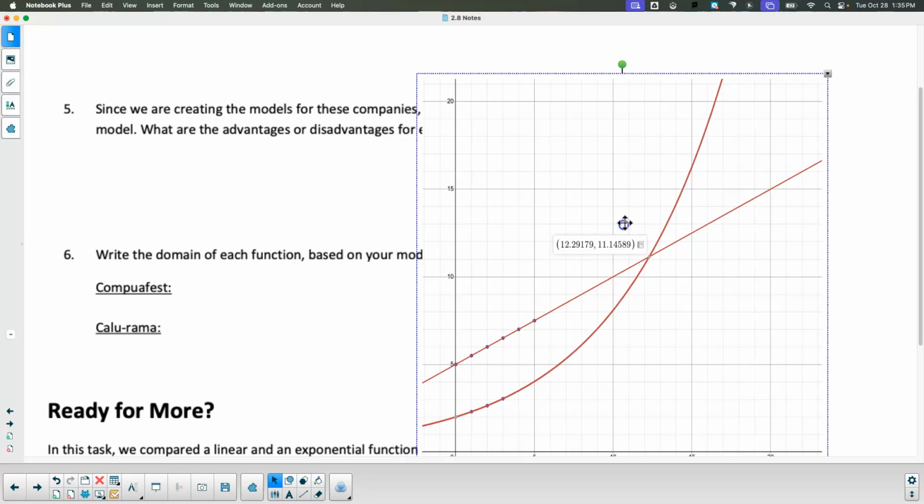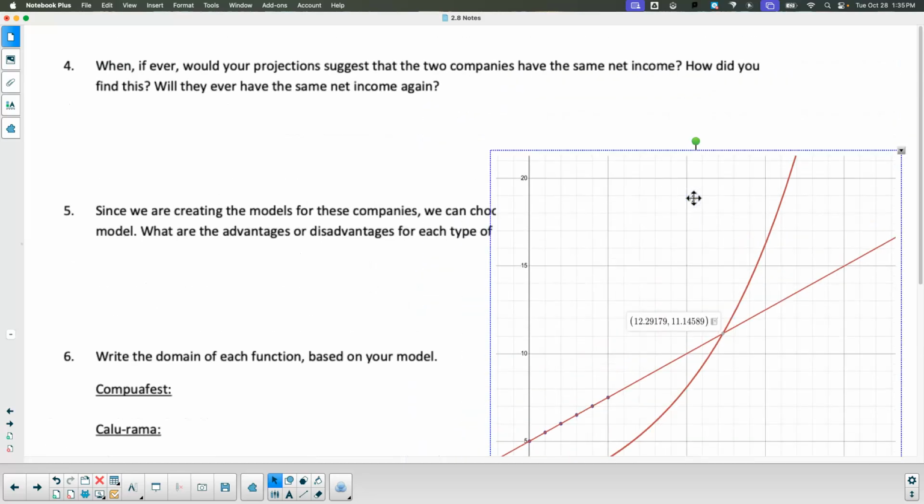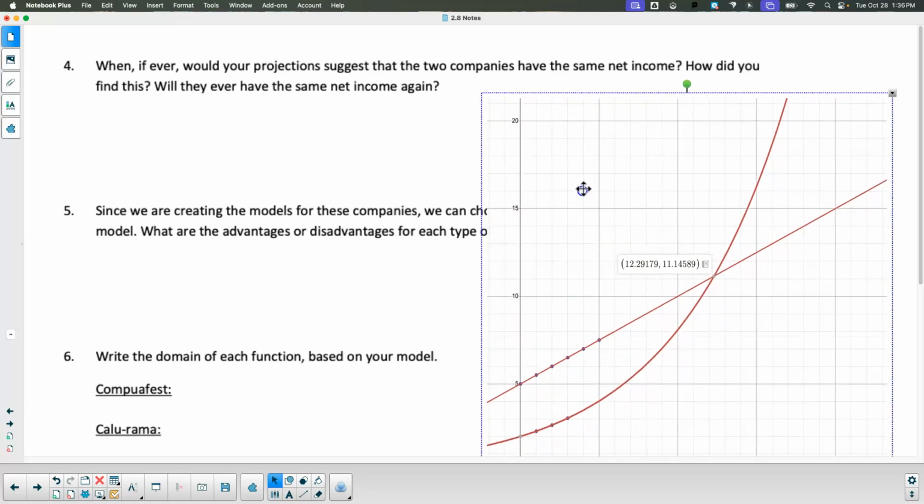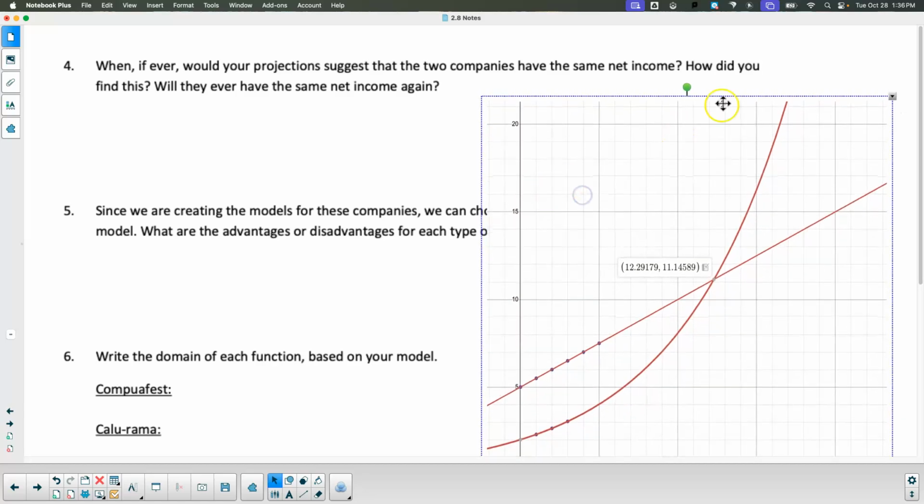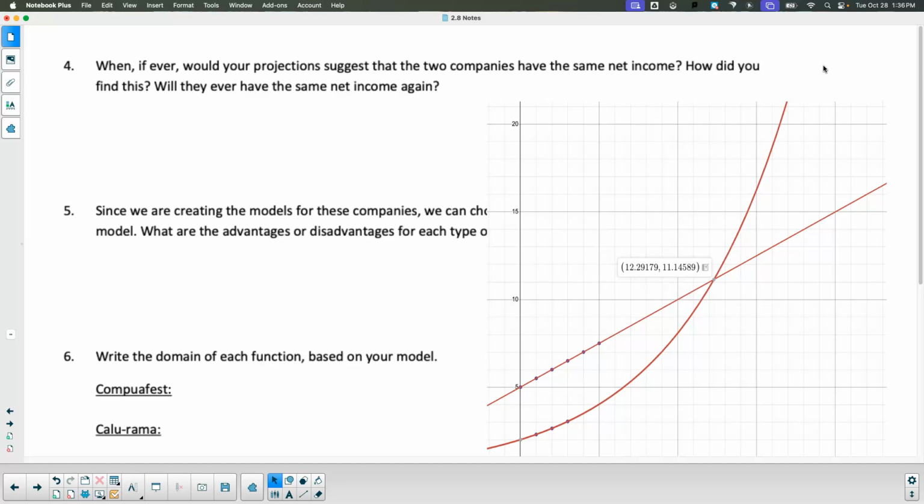I'll bring the graph back over here again. If ever, would your prediction suggest that the two companies have the same net income? When would they have the same net income? In this one right here, at 12.29179?